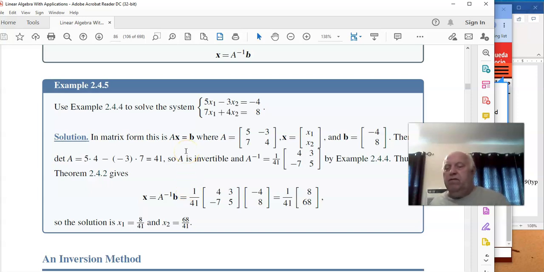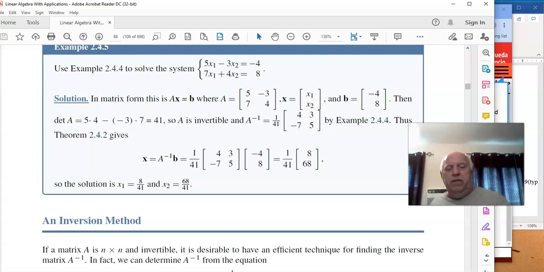If I have 3x equals 7, then x equals 7 divided by 3, or x equals 1/3 of 7. In other words, whatever was multiplying x, you divide by that, or you find the inverse of that, and then you get your answer.